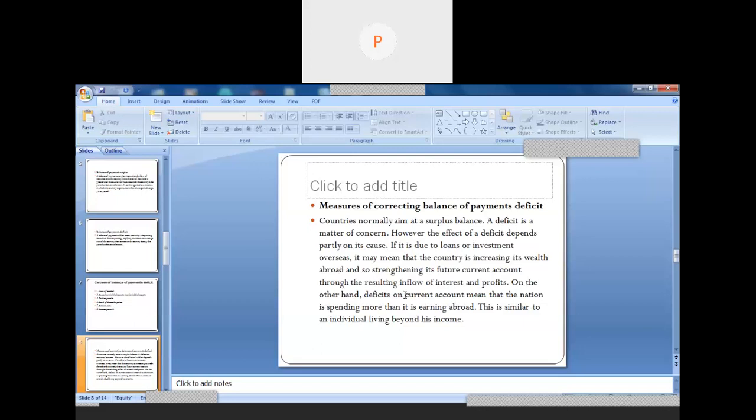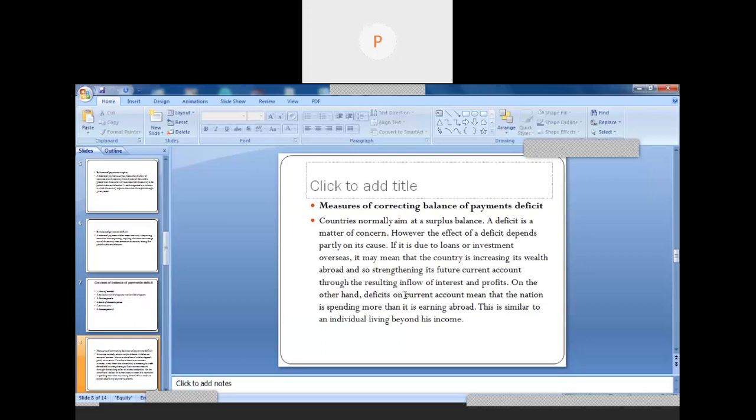However, the effect of deficits depends partly on its cause. If it is due to loan or investment overseas, it may mean that a country is increasing its wealth abroad and so strengthening its future current account through the inflow of interest and profit. What does it mean?